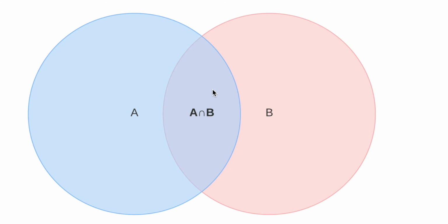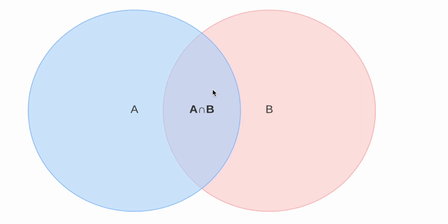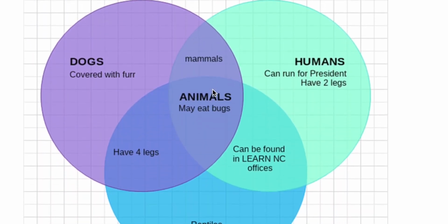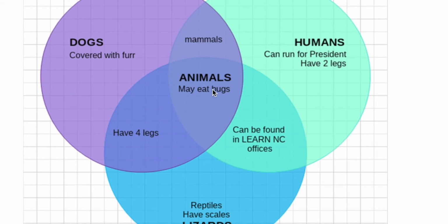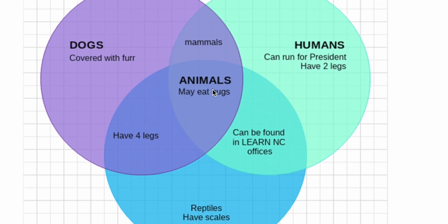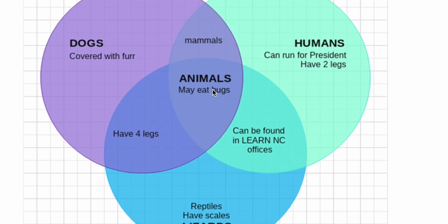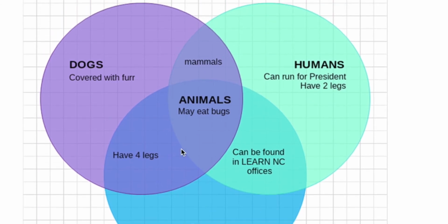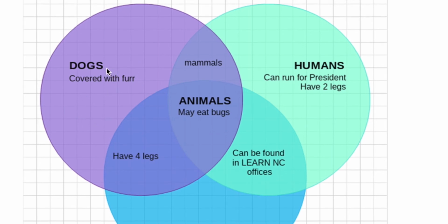Just to give you a very, very basic example, I'll show you this one. In this case, we have 3 animals: the dogs, the humans, and the lizards. As you notice, the part for the dogs that is not overlapping with any other circles is the trait that only the dog has.